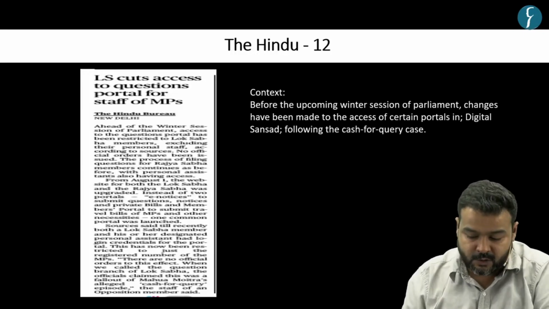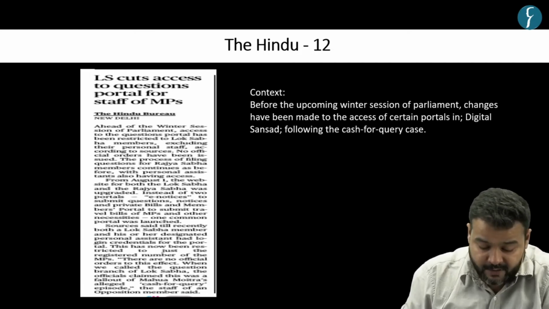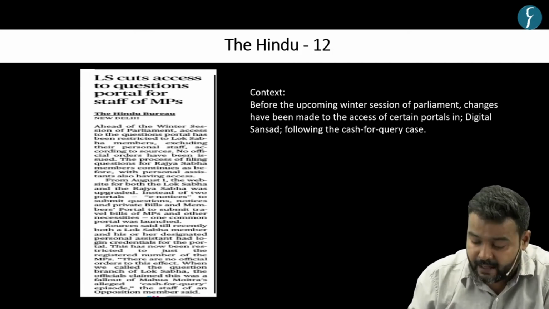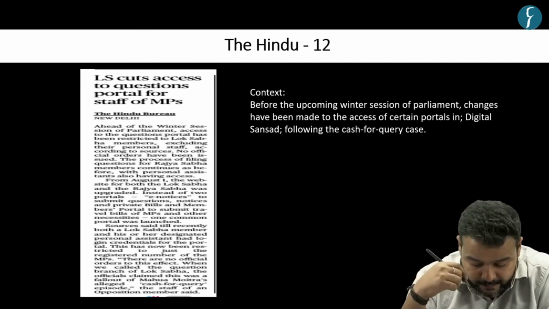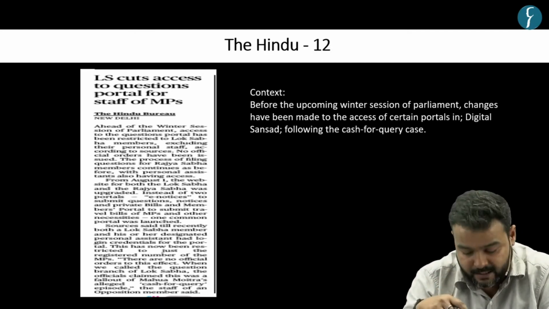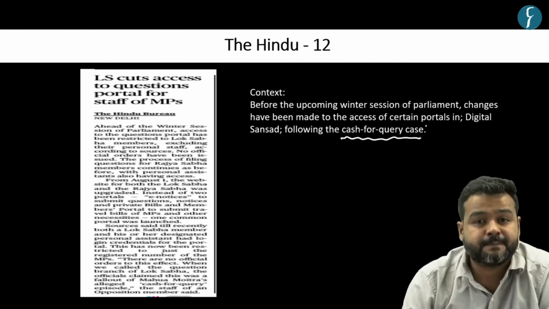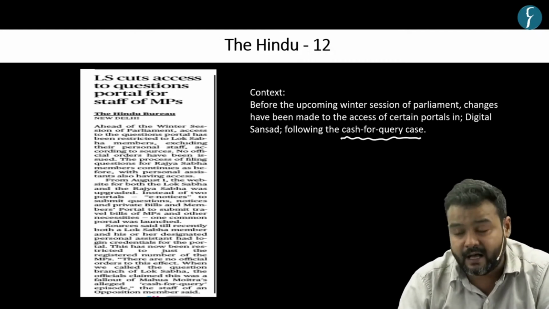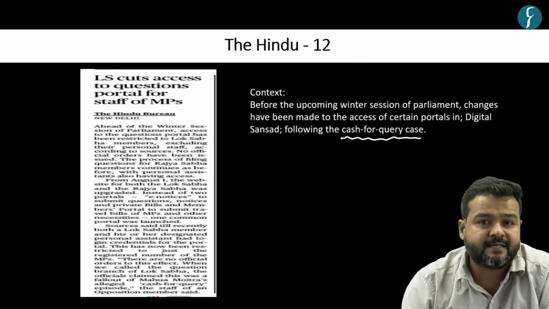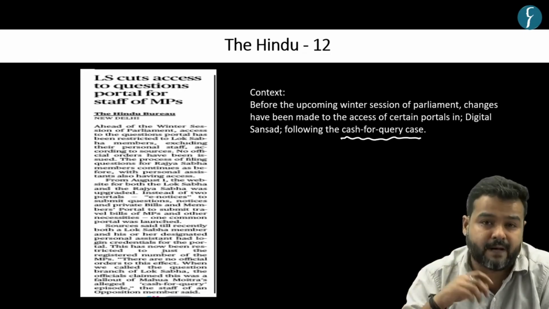That brings us to the second question of today's discussion, which is based on the access to Sansad portal. Now you must be aware of the developments where there is uproar in the cash for query case, where there are allegations that MPs have demanded cash and gifts to ask the queries in parliament.